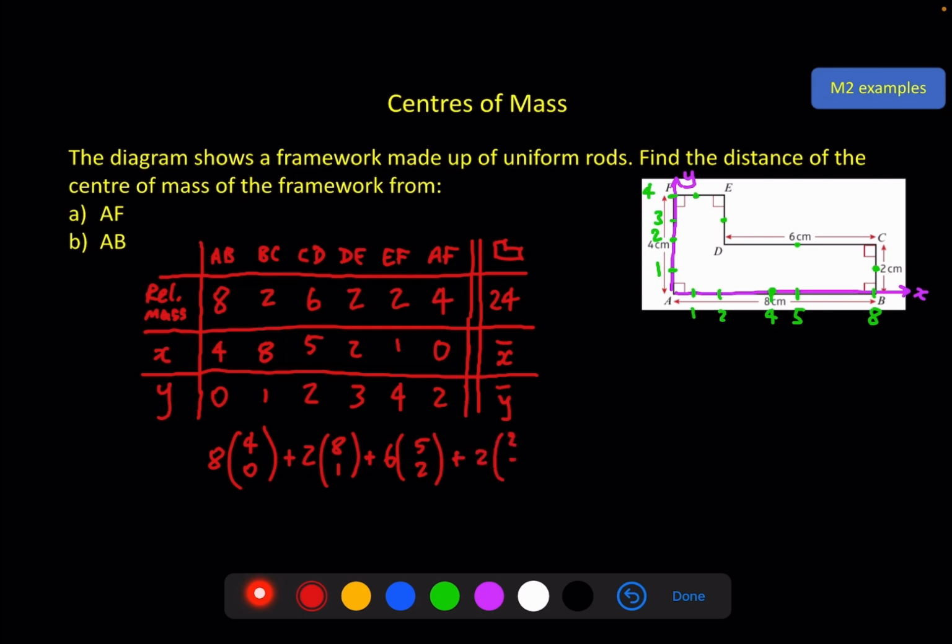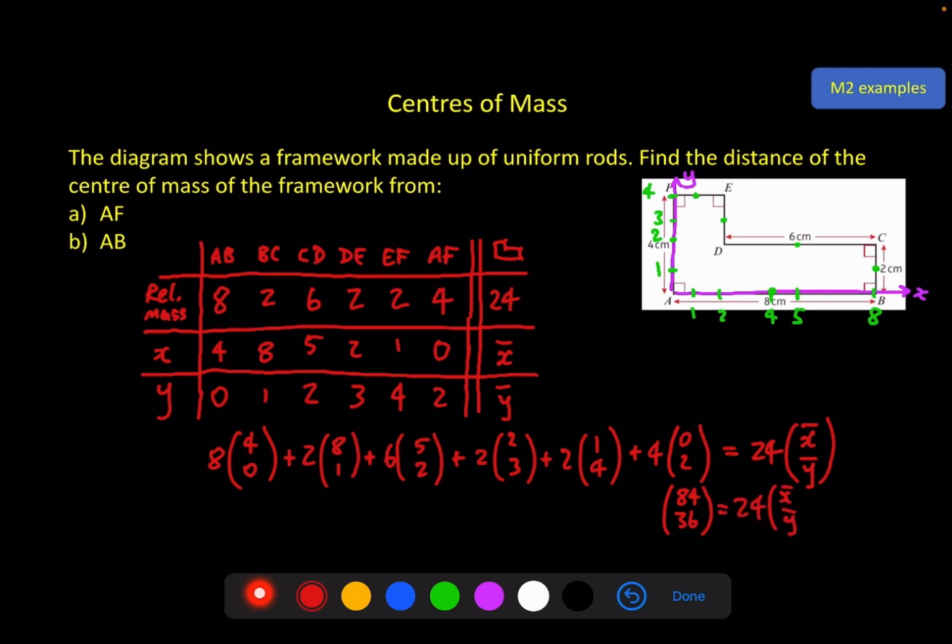So if I put all of that here, then we have to do the addition of all of these, and that is equal to 24 times x bar y bar. And that gives us a total on the left hand side of 84, 36. And then we just divide both of those by 24, which gives 7 over 2 and 3 over 2.